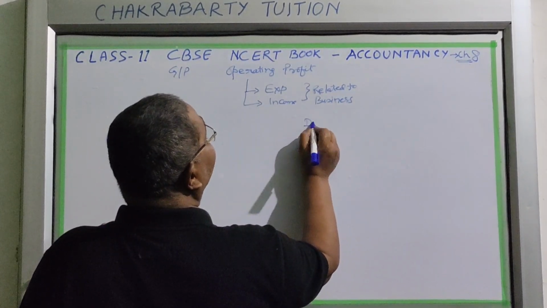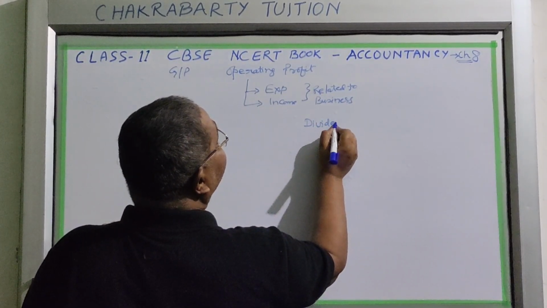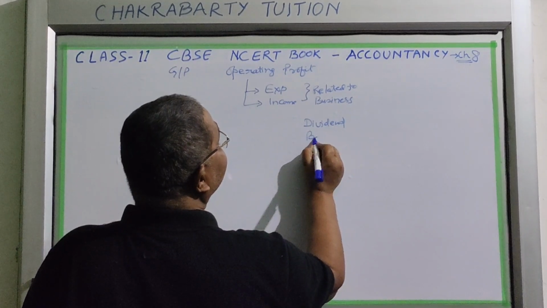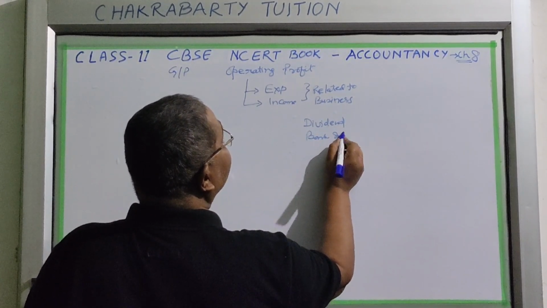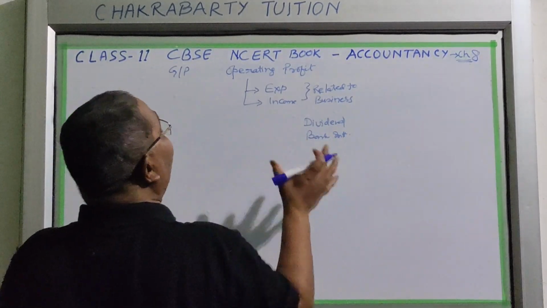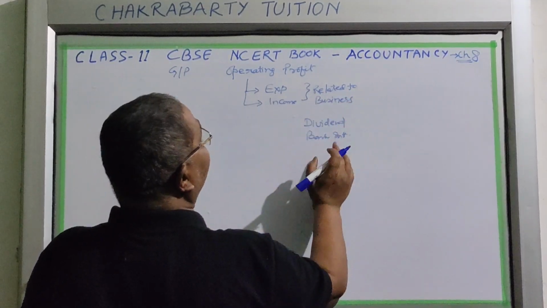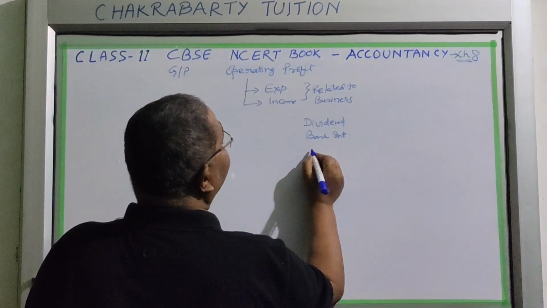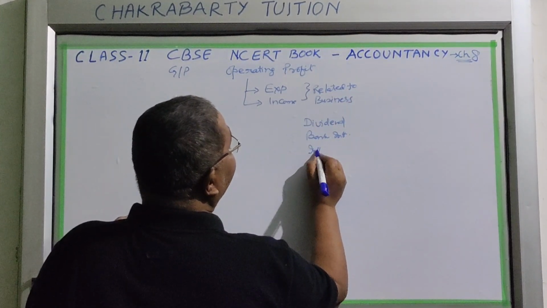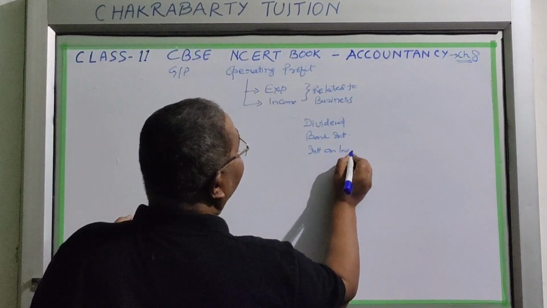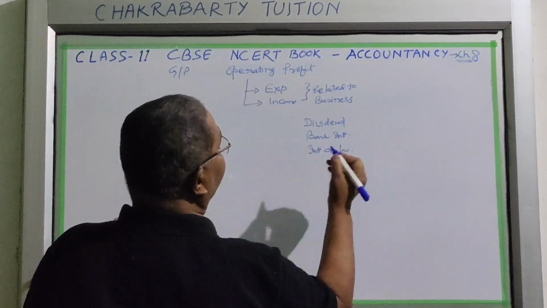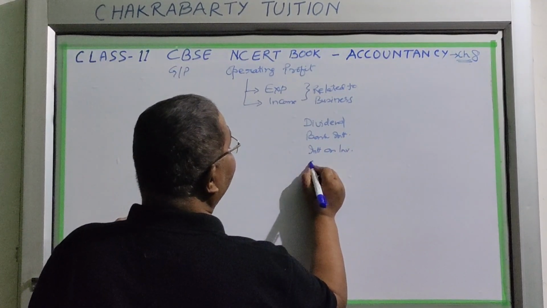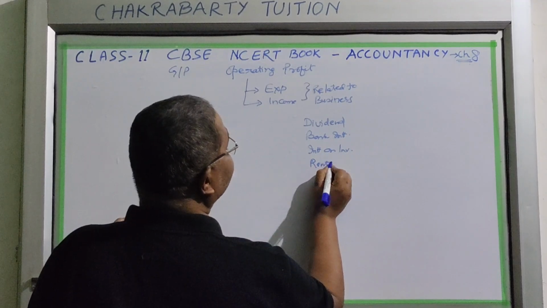Like dividend will not come, bank interest, interest on investment, any commission out of the business, rent, suppose rent you are receiving.